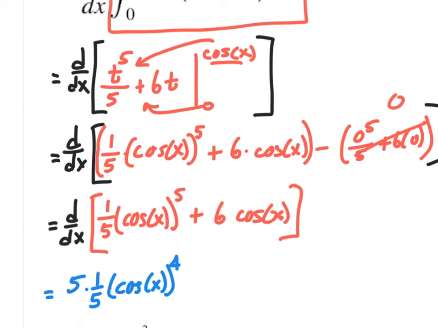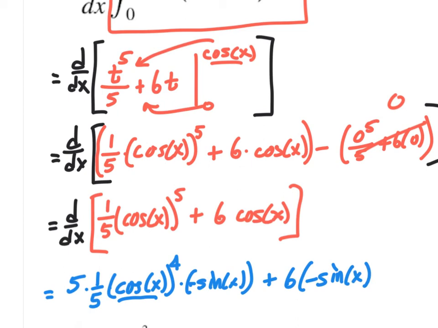But remember, I have to multiply by the derivative of my inside function, and the derivative of cosine is negative sine of x. So I need to use the chain rule here. And then I've just got plus 6 times negative sine of x. The derivative of cosine is just negative sine. So this is my derivative.